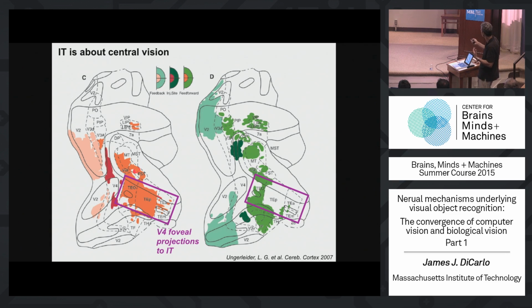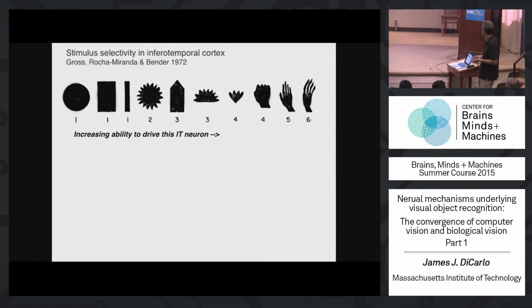You don't see much green color. Whereas if you make injections in the center part of V4, these red sites here, you see much more coverage into IT, shown here. So when I say 10 degrees, that's rough. Everything in biology is messy, but this is some of the evidence beyond recordings. There's anatomical evidence that as you go down into IT, you're more and more focused on the central 10 degrees.